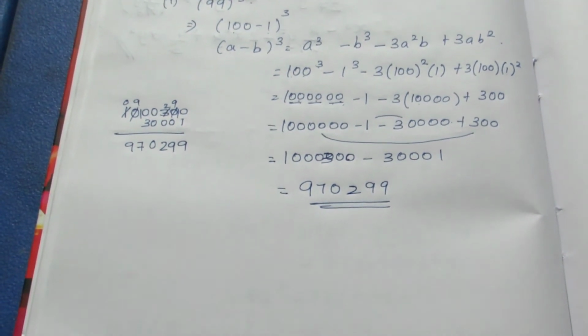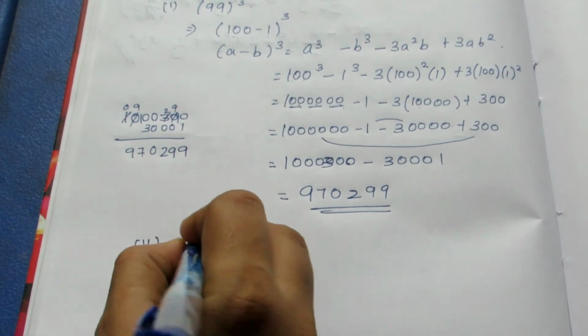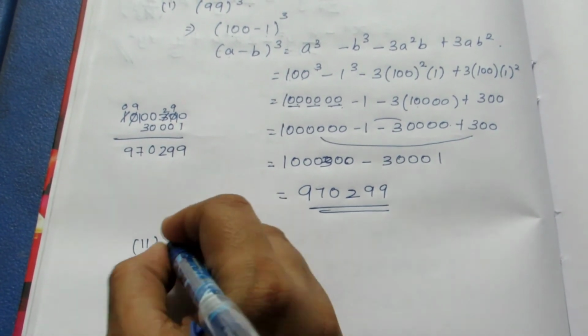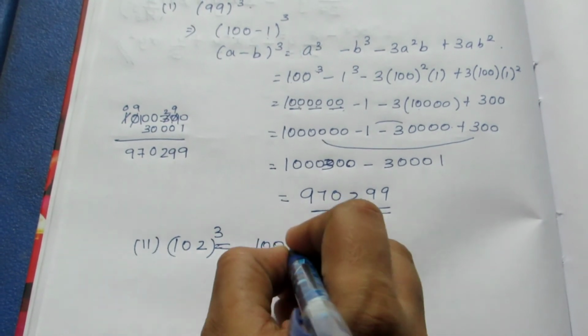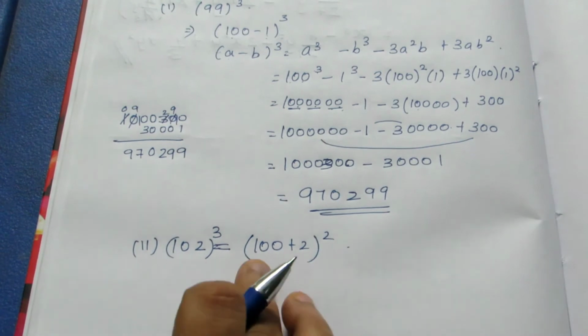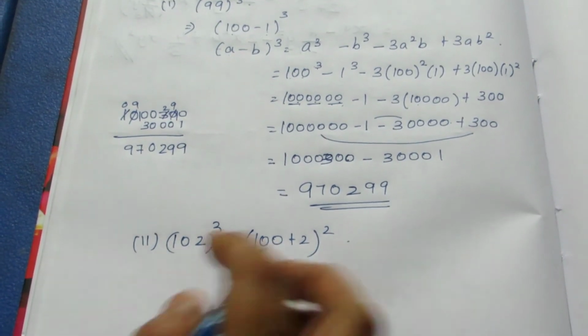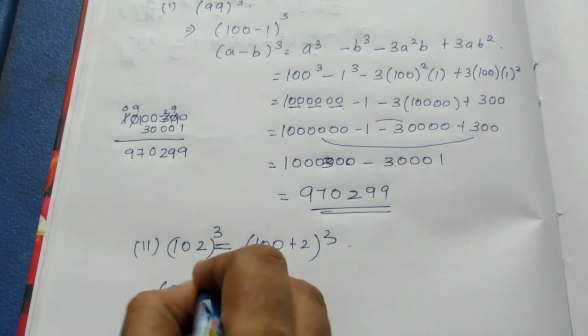We'll move on to the second one. In the second one, we are having 102 the whole cube. So it becomes 100 plus 2 the whole cube. I am writing 102 to be 100 plus 2 because if we add, we get 102. Same, this is the formula of a plus b the whole cube.